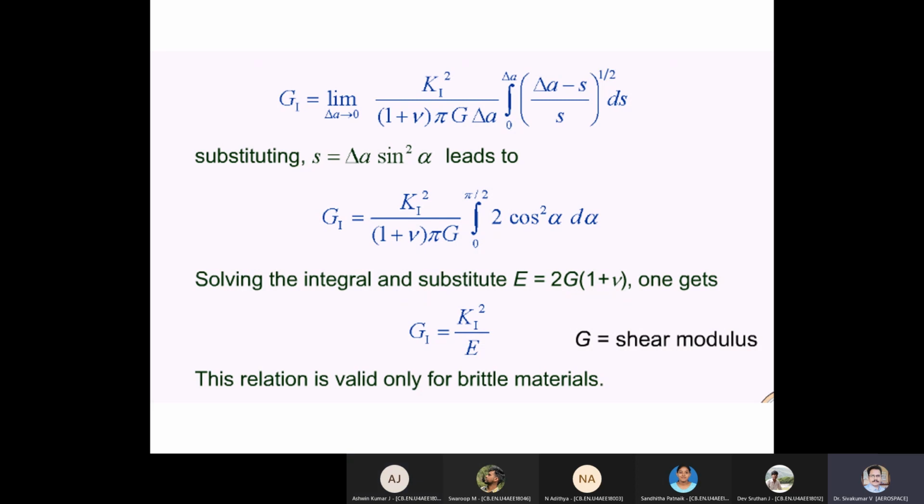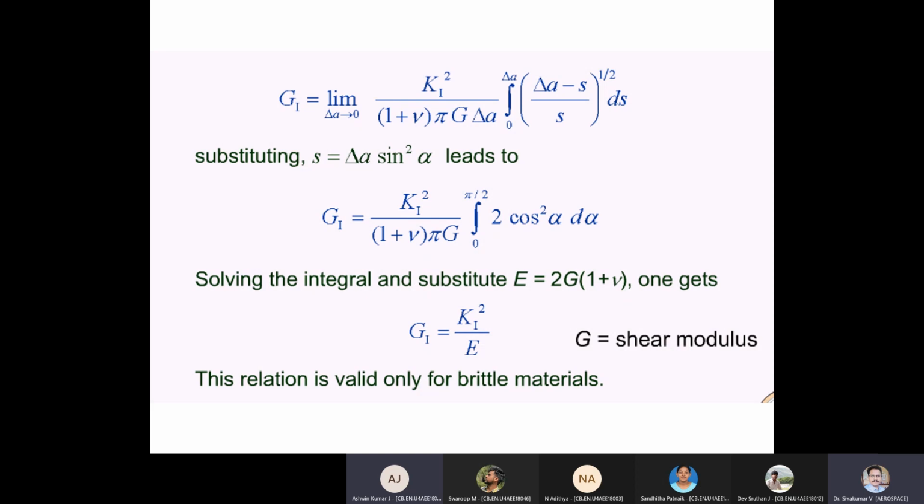Then I have to decide whether I'm going for the energy release rate approach or the stress intensity approach. There are different models you can take up. One is, as I told you, energy release rate, stress intensity factor, COD method, or J integral. Our discussion so far is only on energy release rate.